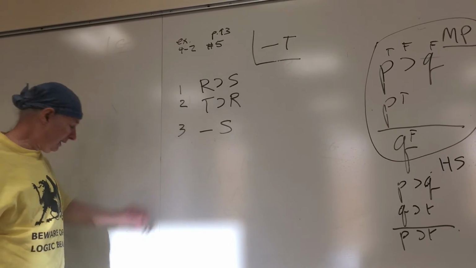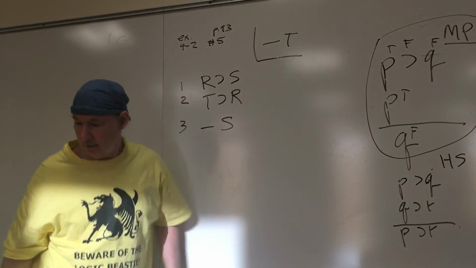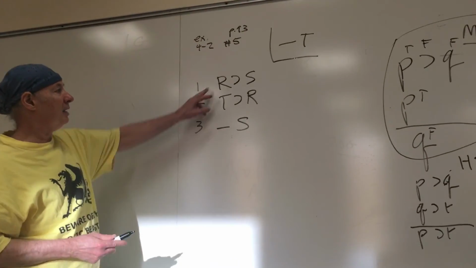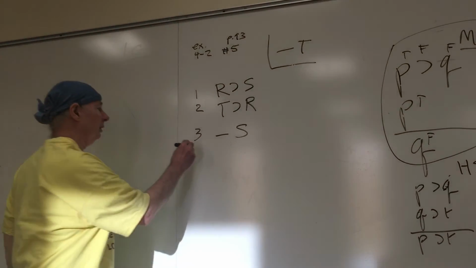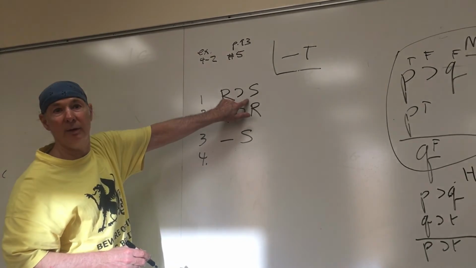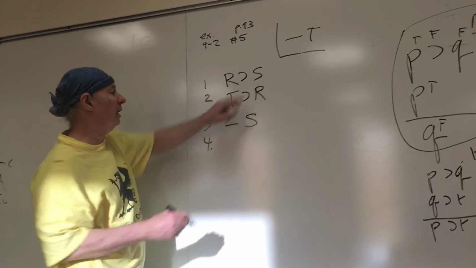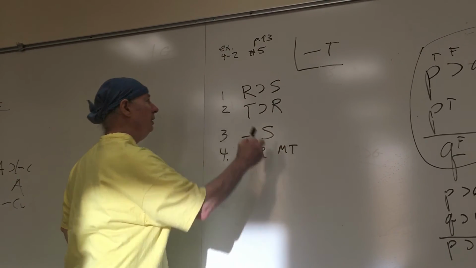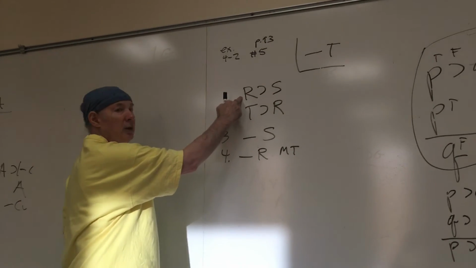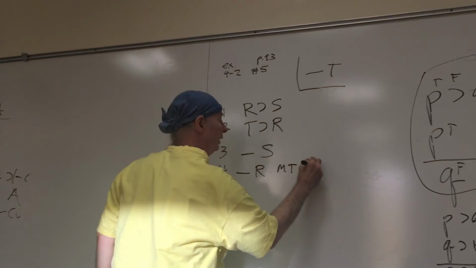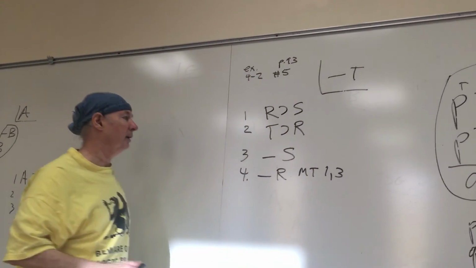So, I can now take the step to get squiggle R, because I have the horseshoe and the opposite of the right-hand side. MT, and I have the horseshoe, and I have the opposite of the right-hand side.